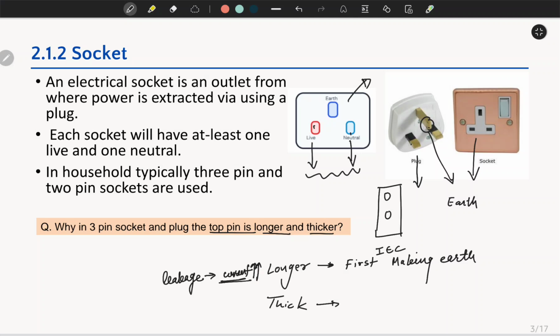So from an engineering point of view, we want it to be able to handle that large current, represented by I. This is why it is thick, to handle the large current capacity. So this is why the plug and the sockets are designed this way.